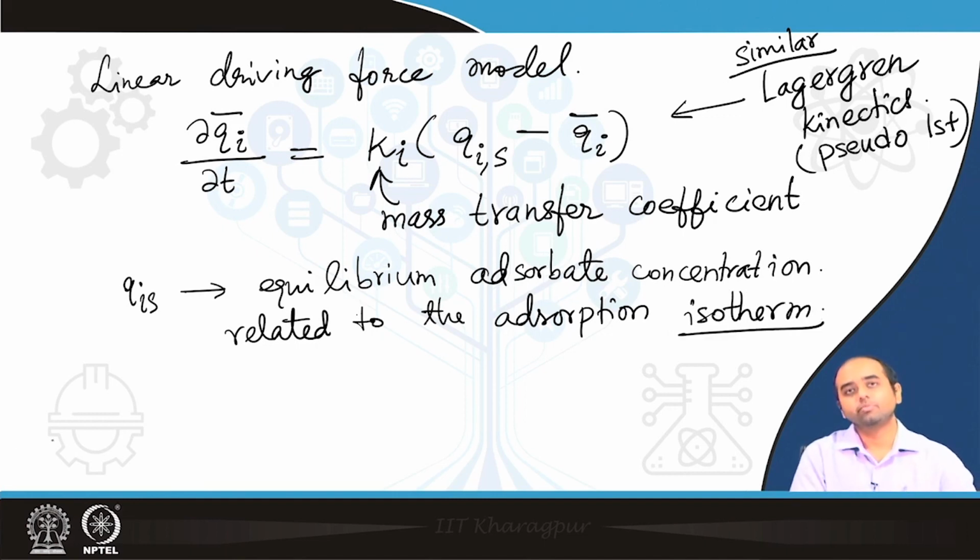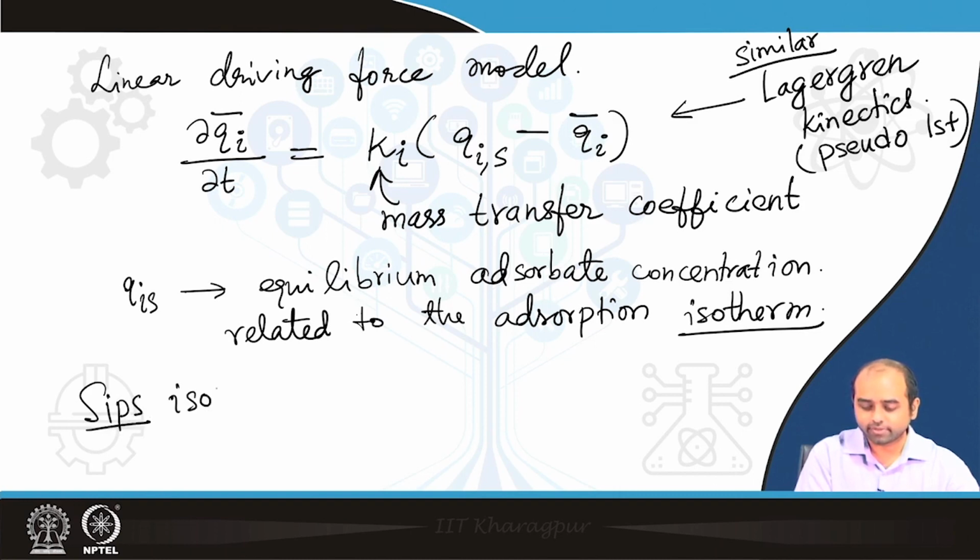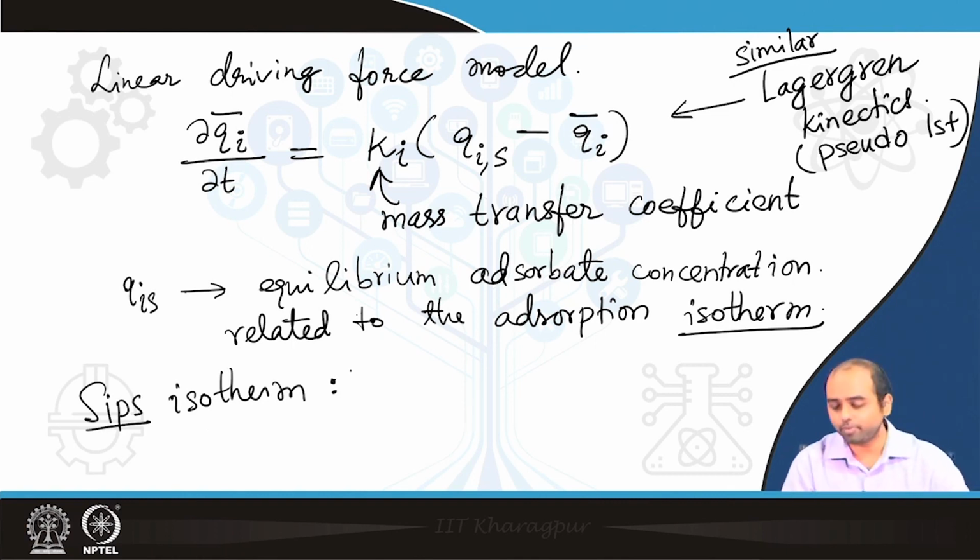So, if you choose, let us say, a Freundlich or a Sips model. The Sips model is a very generalized form of the Freundlich model and also the Langmuir model. So, it is a combination of something like this, and this is the most popular model.